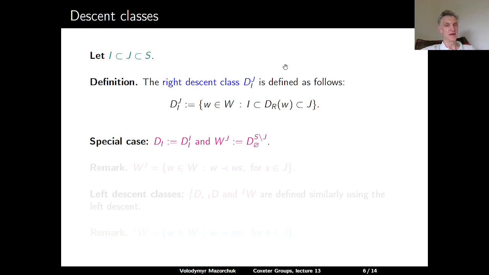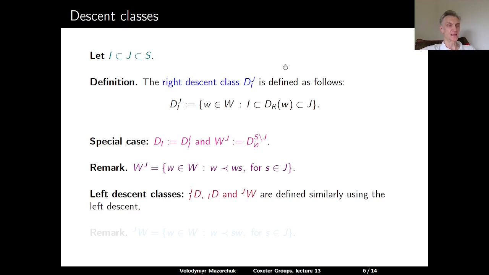And the right descent class D_∅^{S∖J} is usually denoted by W^J. So W^J is the set of all elements w in W such that w is smaller than ws for each element s in J. And the left descent classes, with I and J on the left, D_I on the left, and D^J on the left, are defined similarly using the left descent sets.